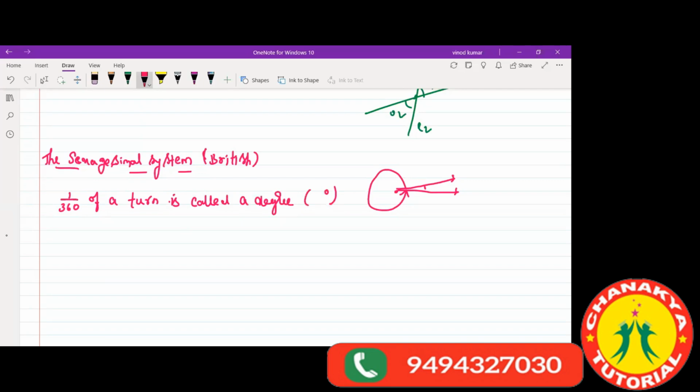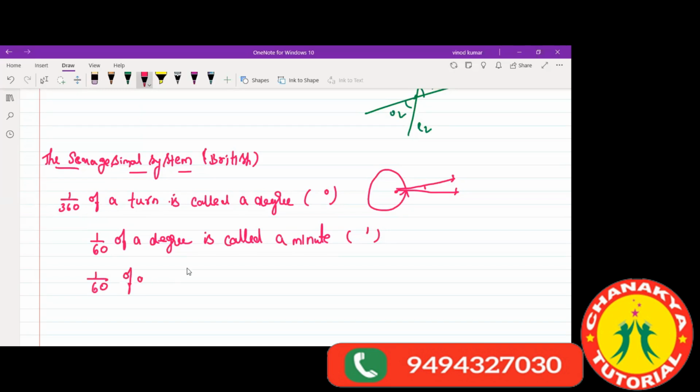Next, 1 by 60 of a degree is called a minute. A minute is indicated with a single prime mark. And next, 1 by 60 of a minute is called a second.